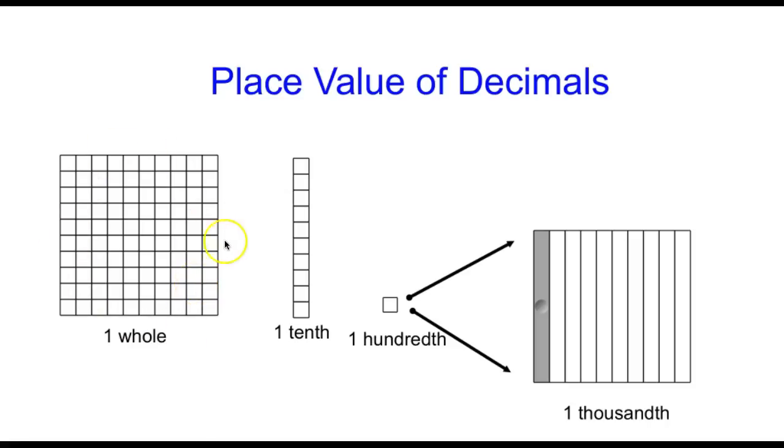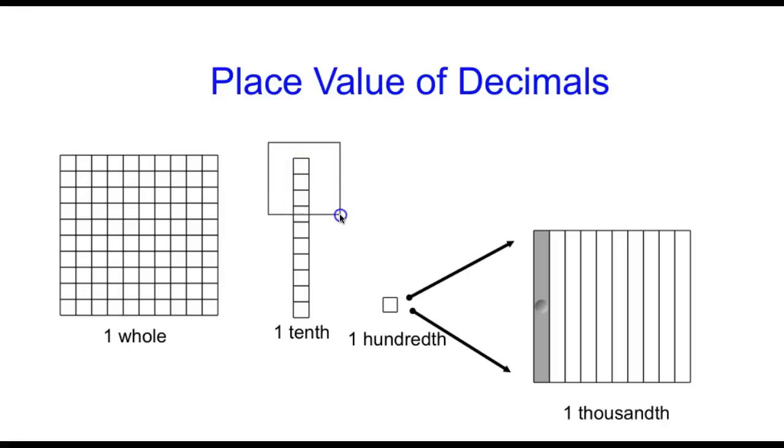So if I show you a base 10 block that looks like this, this is what we call a flat. That is now a whole. That now counts as 1. If we look at our long here, our long is now going to be worth 1/10.